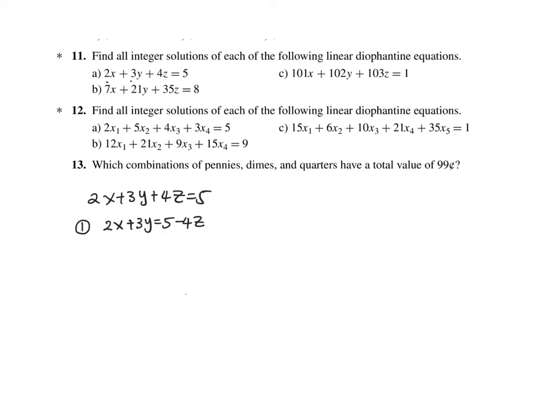How do we solve linear Diophantine equations in 3 or more variables? I would like to use this problem as a demonstration, and I would like you to attempt this problem in your homework. Equations with 4 or more variables can be done in the same way.